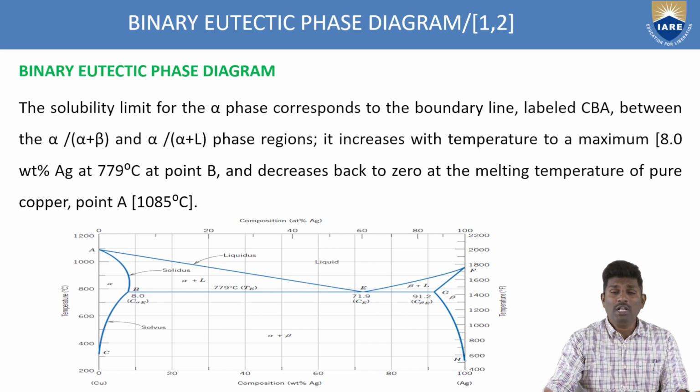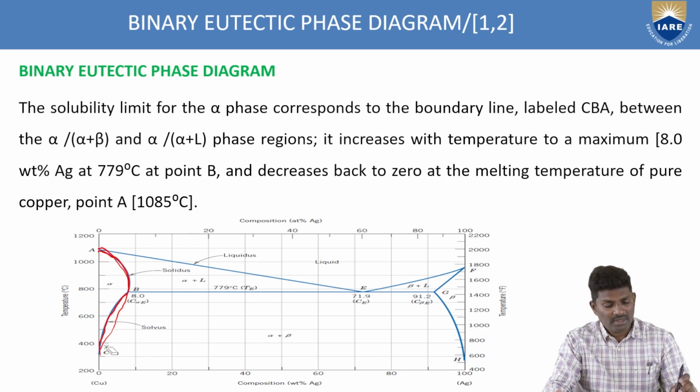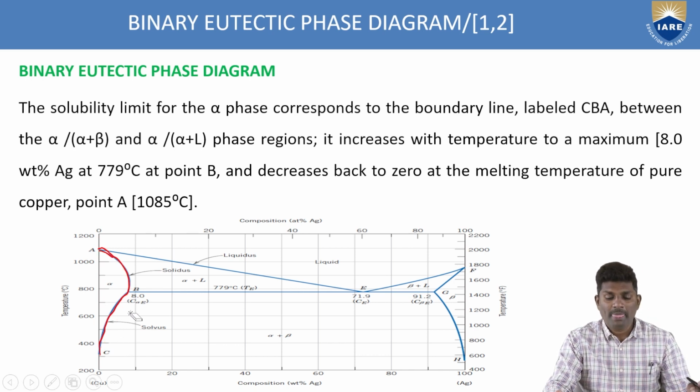Now the solubility limit of the alpha phase corresponds to the boundary line labeled CAB. If you see the curve in the phase diagram, CBA or CAB curve, what is happening here? This is a very limited line. Now between these, what is happening?